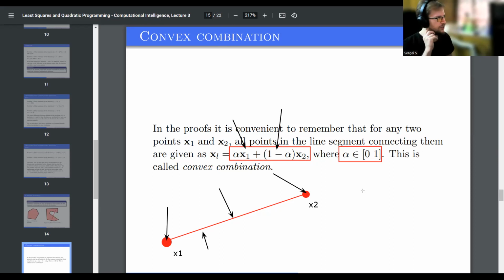We'll use it quite a bit. That is a standard terminology, so I suggest you remember the term. Okay. Any questions about convex combination? Okay.